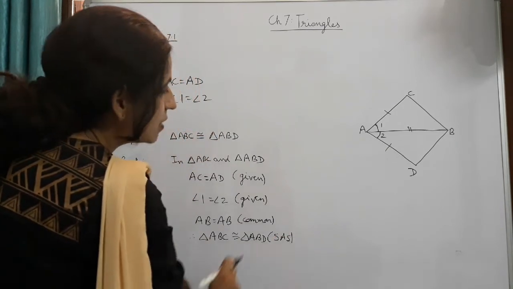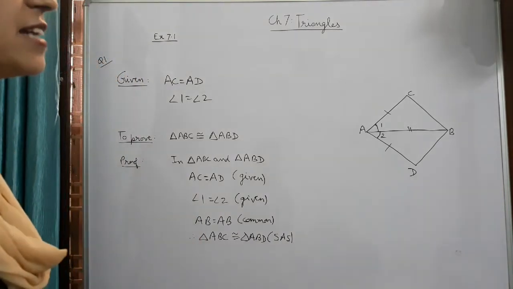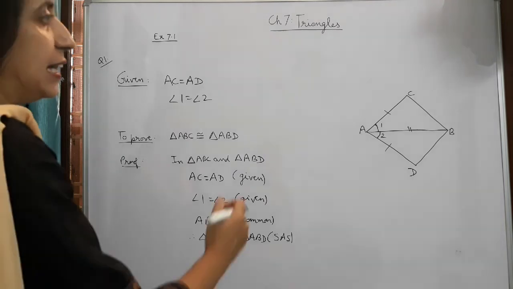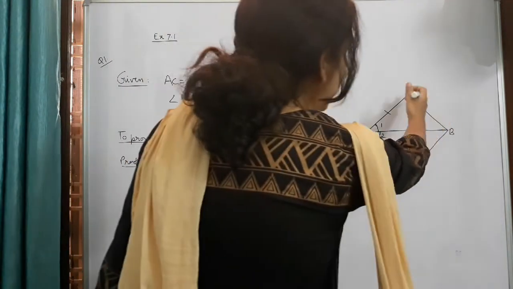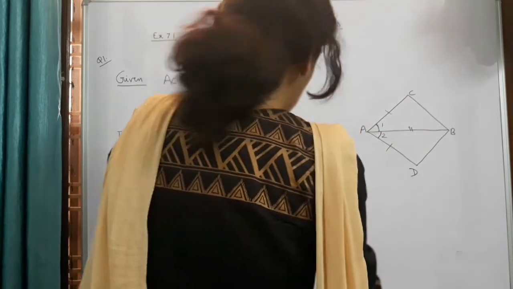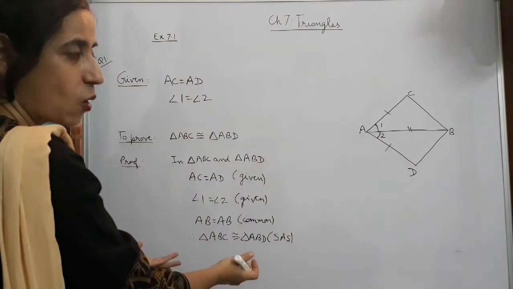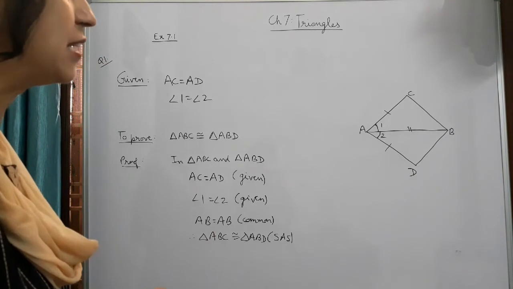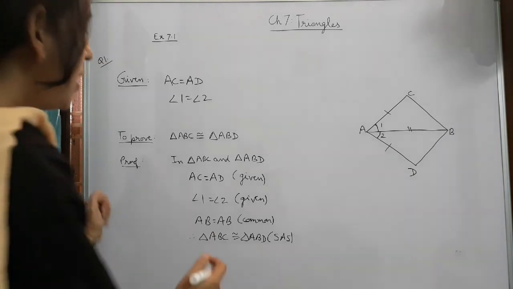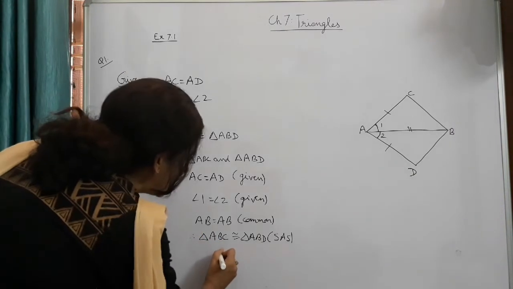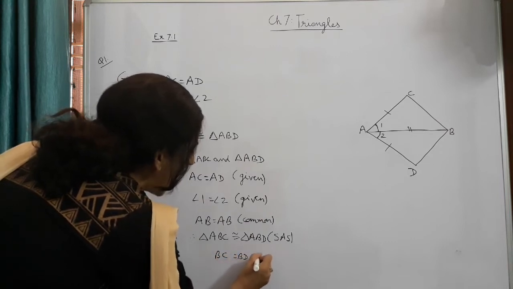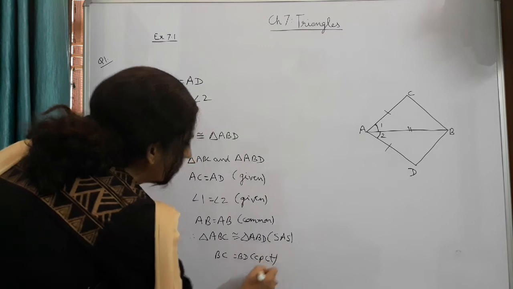So here the triangles are congruent by SAS criteria of congruence. We also have to tell, they are saying what can you say about side BC and BD. So we know that if the triangles are congruent, then definitely corresponding parts of congruent triangles are equal. So therefore we will get that BC is equal to BD by CPCT.